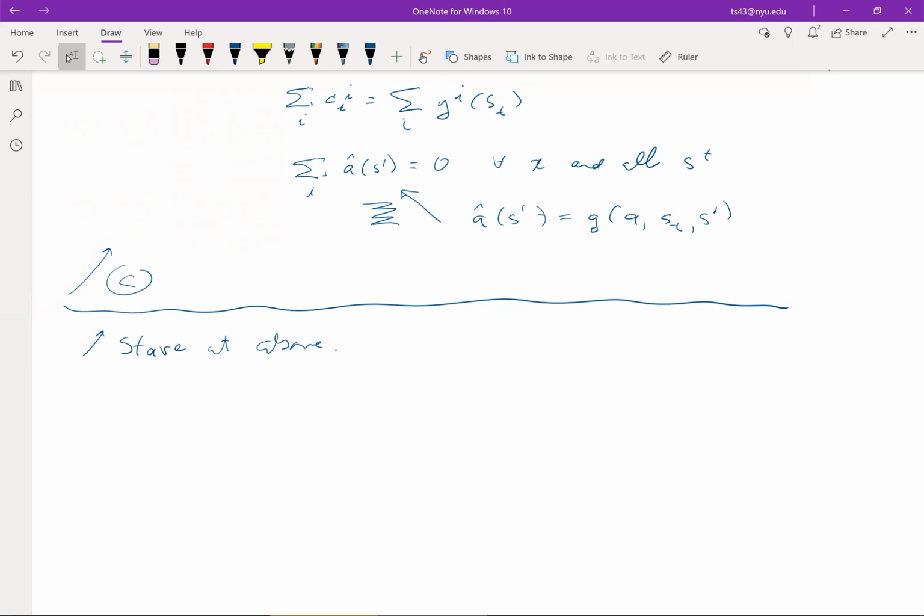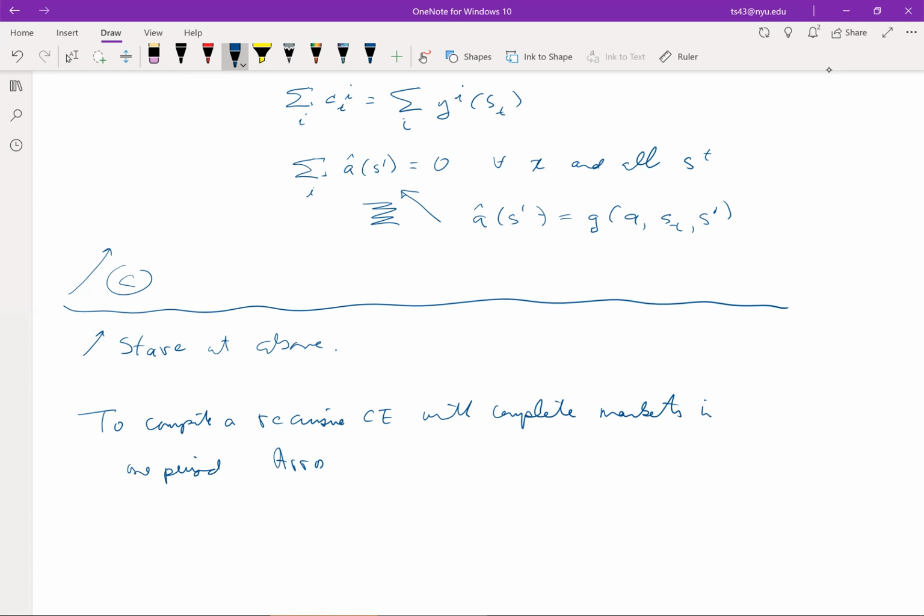So here's my advice on how to compute what we'll call, in shorthand, a recursive competitive equilibrium with complete markets in one period Arrow securities.